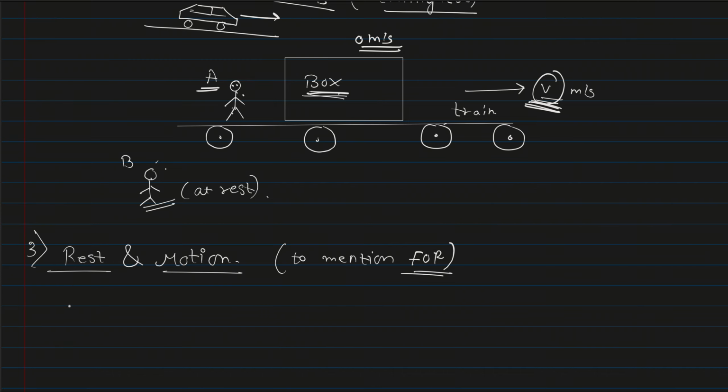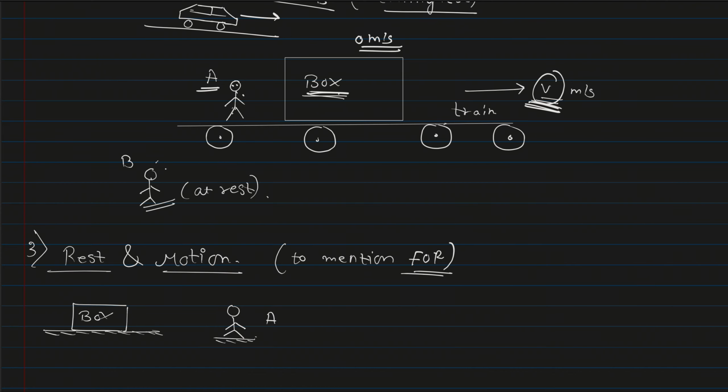Let's see how. Say there's a box over here on the ground, and there's a guy over here named A. For this man, the box is at rest.